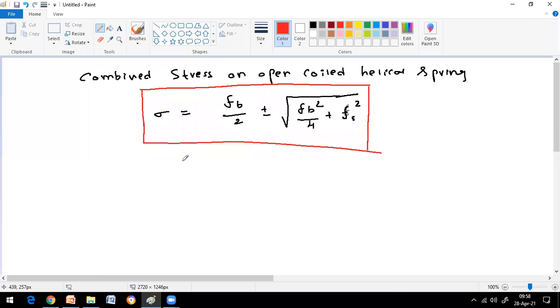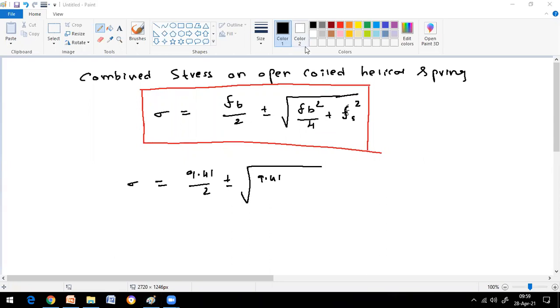So let's substitute the values and see what will be the stresses. Sigma is equal to, what is FB? 9.41 by 2 plus or minus root of 9.41. So you can write it like this.